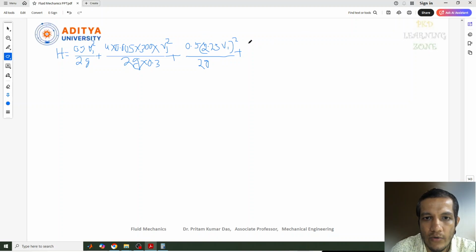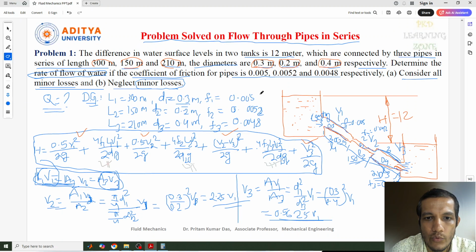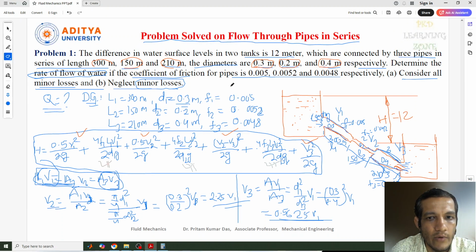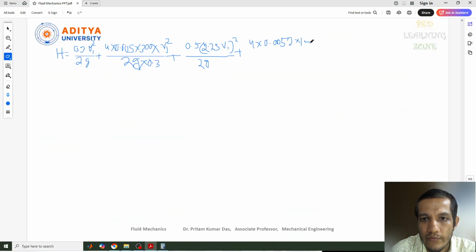Now major again 4 f2, with f2 as 0.0052, into length, the second length, 150.